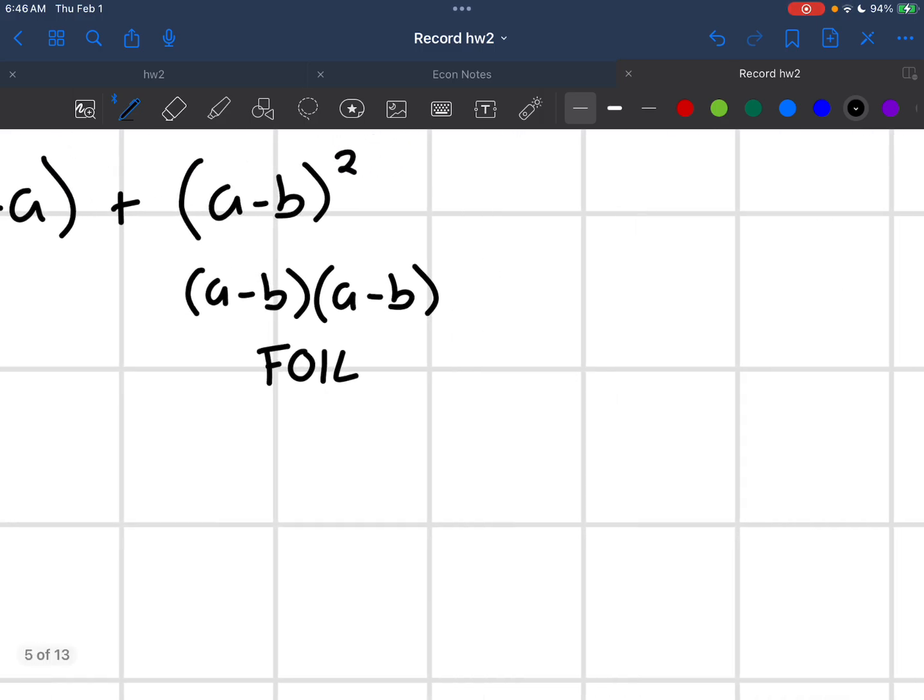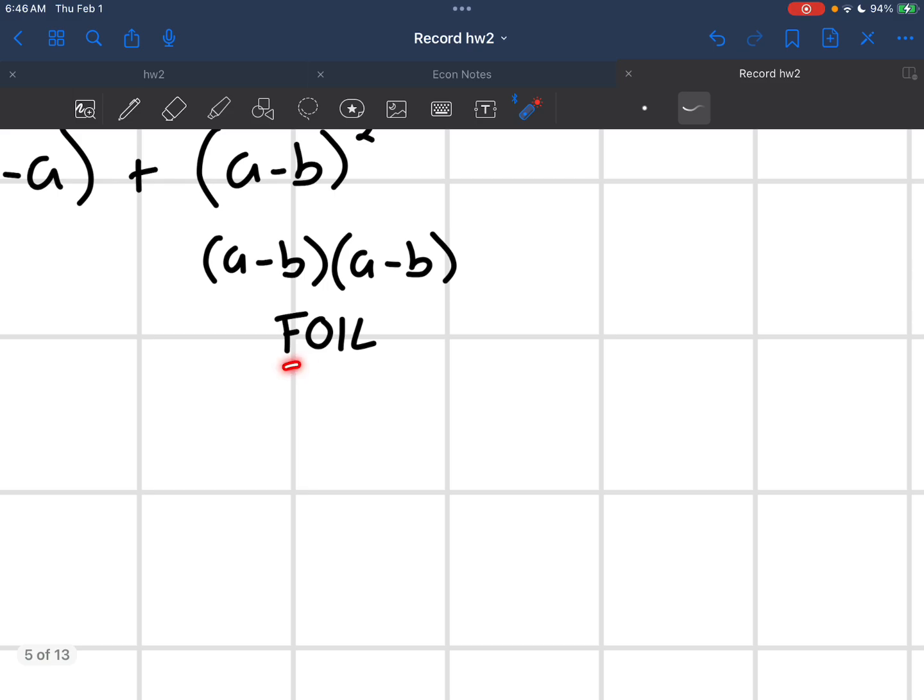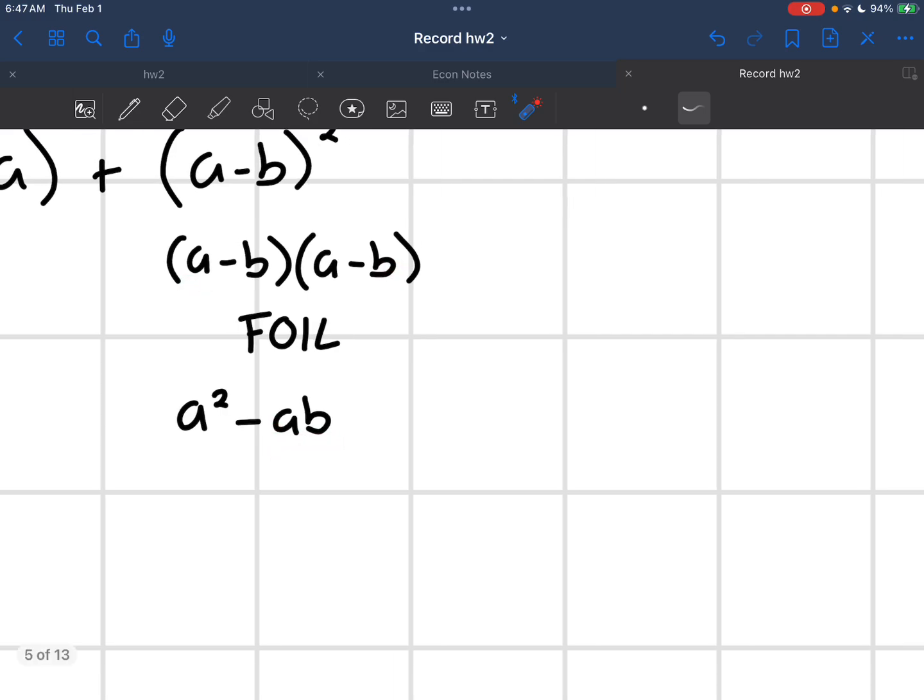I believe we talked about this briefly, but we can talk about it again. We have F for my front terms, so a times a is a squared. I have my outside terms, so a times negative b is minus a times b. And again, it doesn't matter if it's b times a or a times b. I just like to write my terms in alphabetical order.